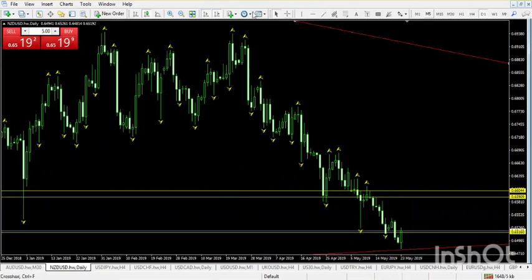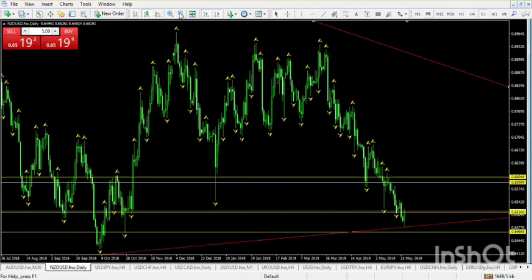Let's move on to the daily time frame. In our daily time frame, if I want to draw another trend line, I would draw this trend line. I want to connect it to this swing high.